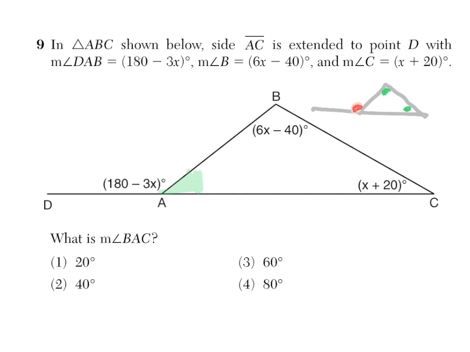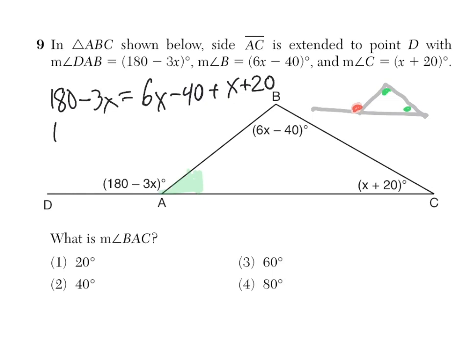So I know that 180 minus 3x, which is the exterior angle, equals, again, the sum of the two interior angles, which is 6x minus 40 plus x plus 20. And when we combine like terms, what does that give us? That gives us, so let's carry this down, 180 minus 3x equals 7x minus 20.